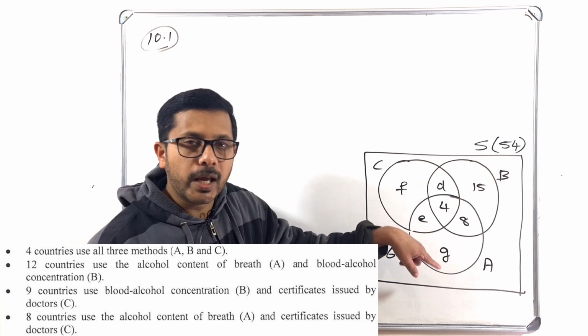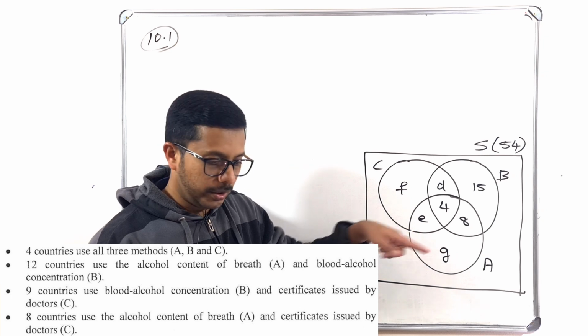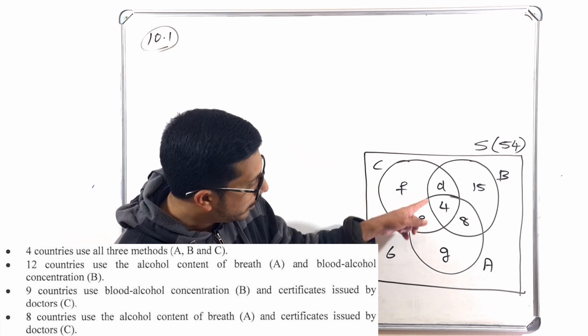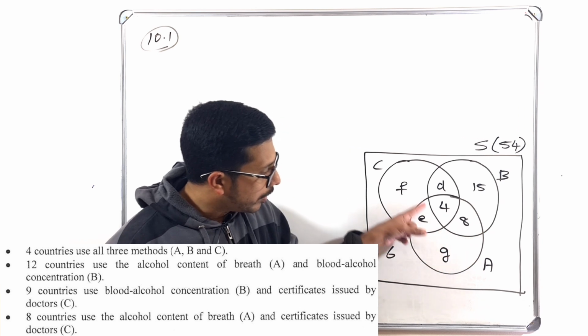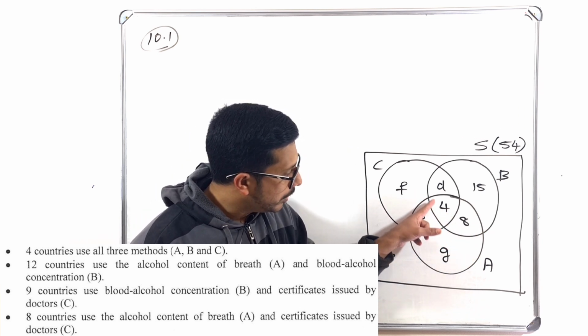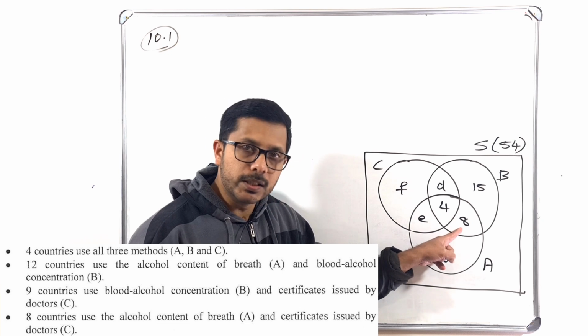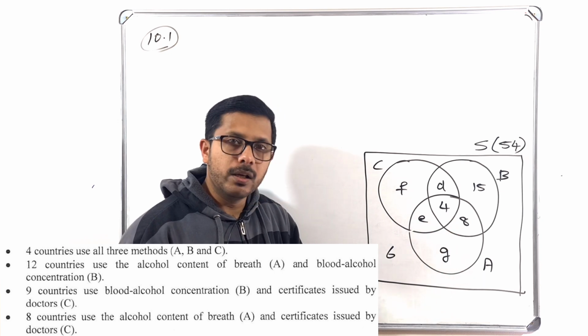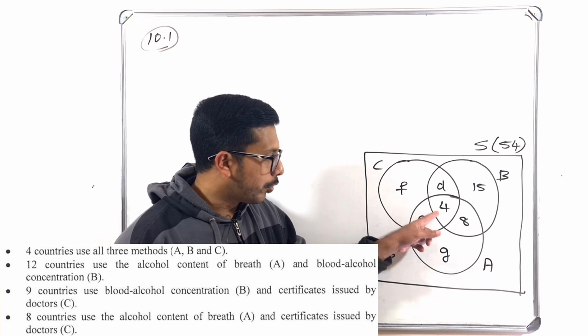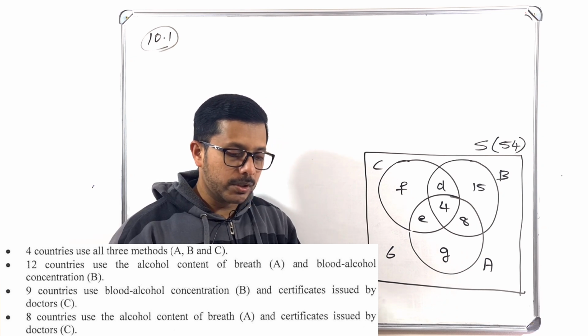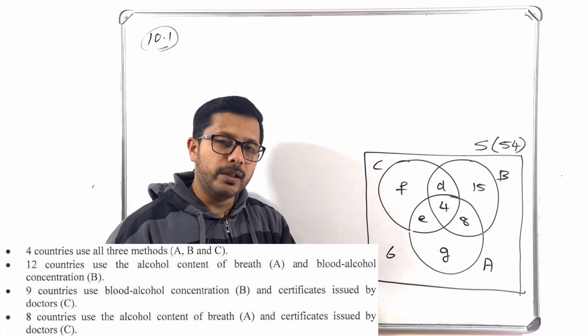So what is common? 12 countries use A and B. Here you can see that this is the common area for A and B. 4 plus 8 is 12. That is what is given. Look at the second bullet: 12 countries use alcohol content of A and B.